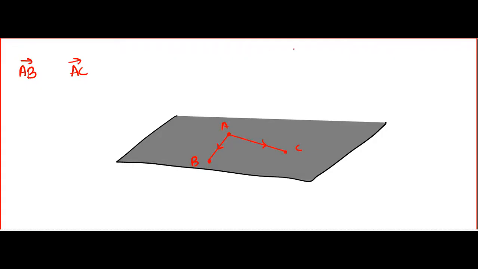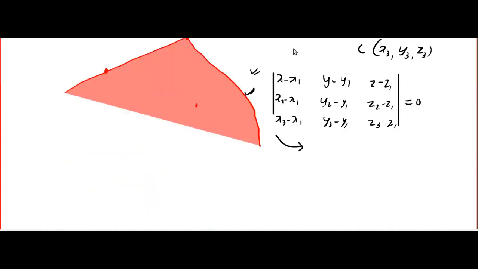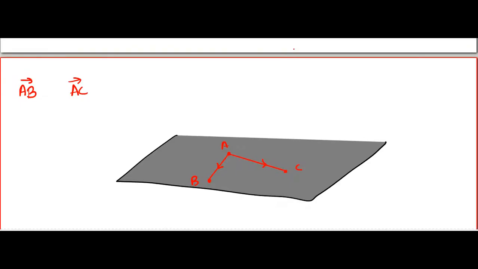Now look at this. I told you in the beginning itself, the equation of a plane is defined with the help of normal direction. Normal direction means we want a vector which will be perpendicular to both AB and AC.